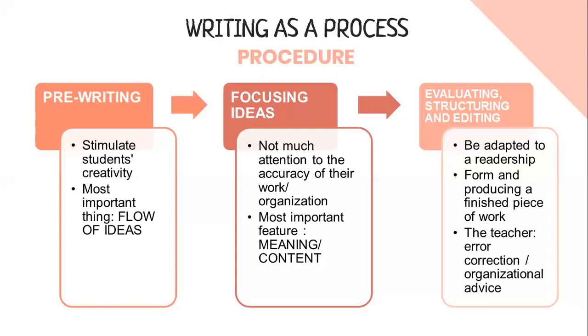And the last stage is evaluating, structuring, and editing. Now the writing is adapted to a readership. Students should focus more on form and on producing a finished piece of work. The teacher can help with error correction and give organizational advice.